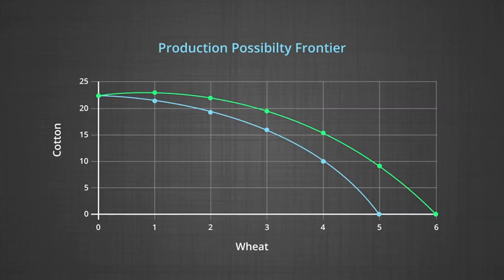However, the technology to produce cotton has not changed. If we choose to produce only cotton, we will produce 22 bales as before. In this case, the PPF swings along the x-axis.